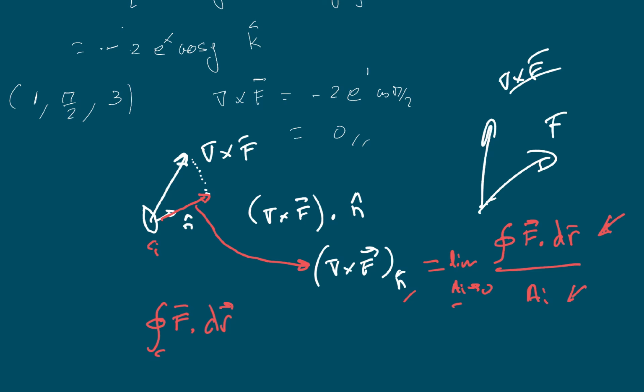So the idea of rotation is related with circulations, with the line integral. Now there is a small detail. The line integral is performed in a way that if you walk along the curve, your left-hand side must go to the inside of the curve.